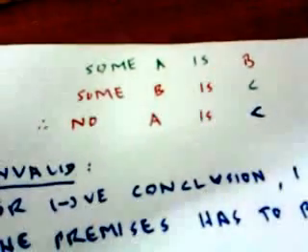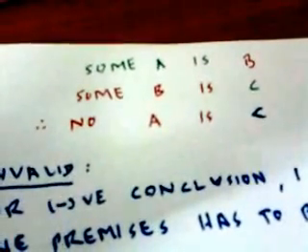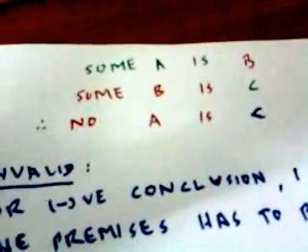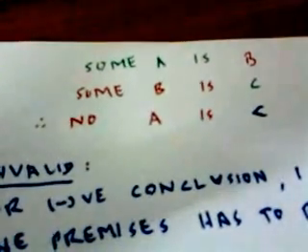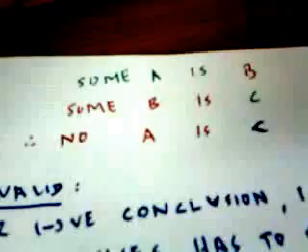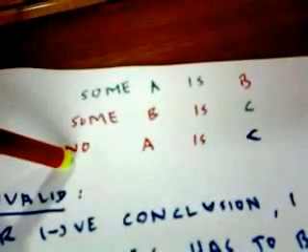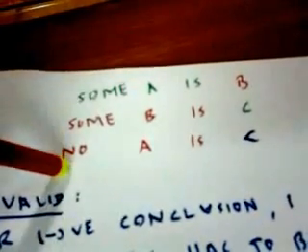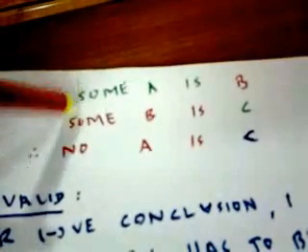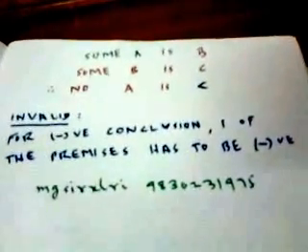As soon as you have a negative in the conclusion, at least one, actually only one of the statements should have a negative. That means if you are having a no in the conclusion, you should have a no here or a no here. At least one no. If they both are no, then there is no conclusion again. But if the conclusion is negative, then one of the statements has to be negative. So what is the rule? For a negative conclusion, one of the premises has to be negative.